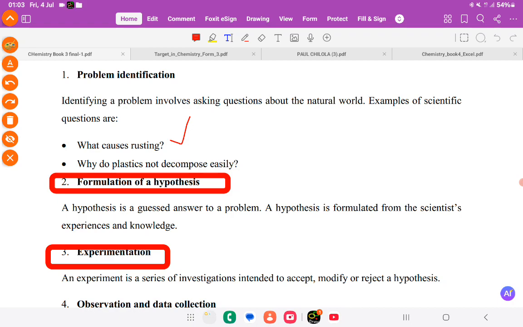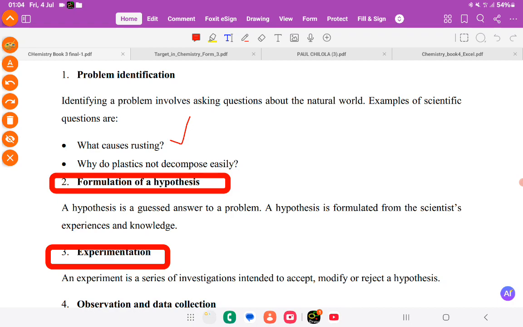Or you repeat the experiment by putting the nail in an environment where there's no air, like maybe you put it in cooking oil, and observe with time. Because there's no air in cooking oil, right, you repeat the experiment with other different environments, and by the end of the day you observe which nail changed color.